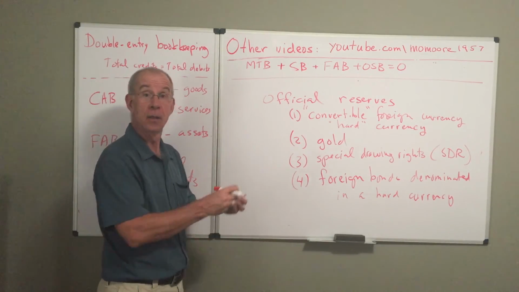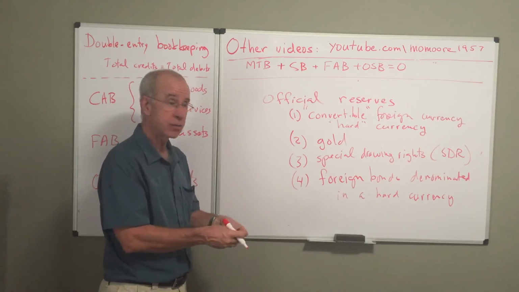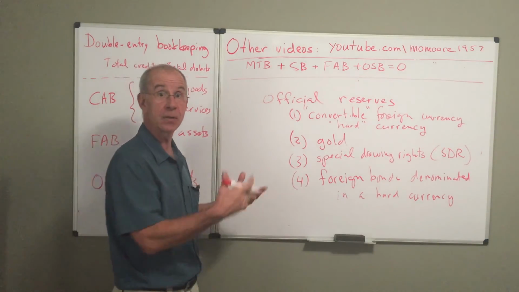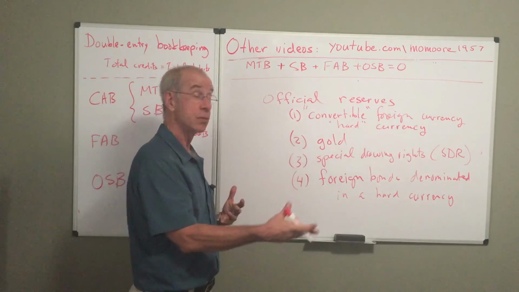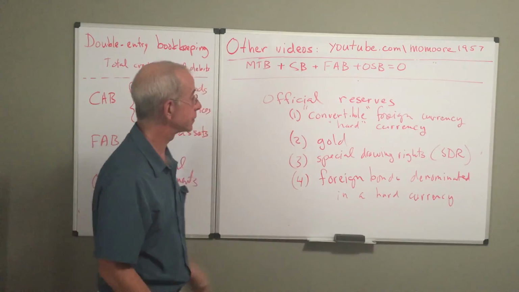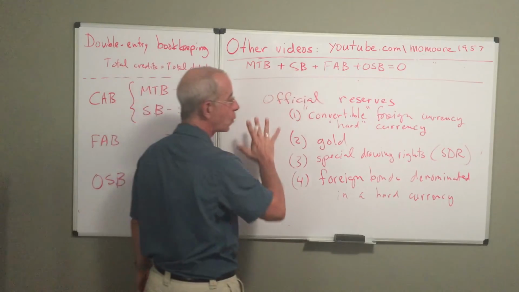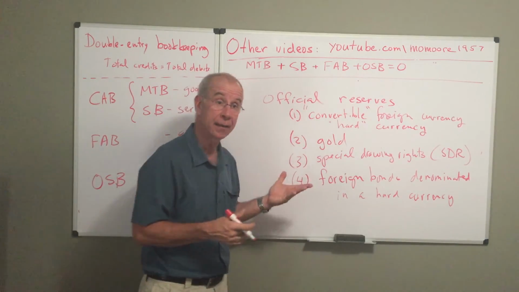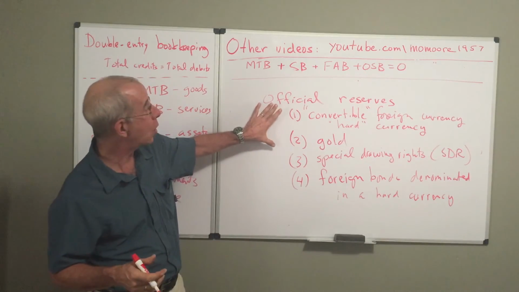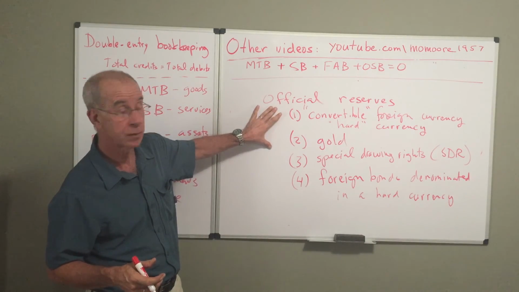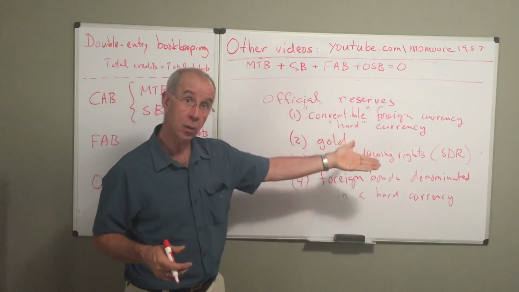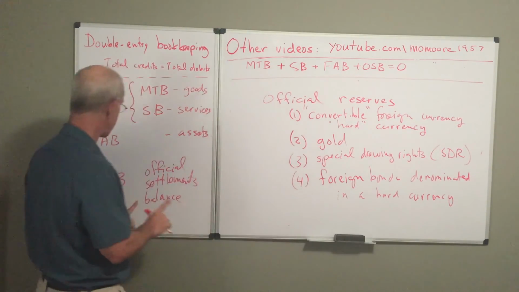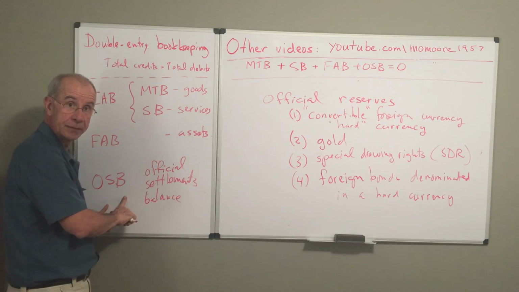Instead, they might buy U.S. Treasuries, which can earn interest, but can easily be converted into hard currency and be used to pay for international transactions. So anytime a country or government or central bank changes its holdings of these official reserves, they either sell or buy these official reserves, those transactions are going to show up in the official settlements balance.